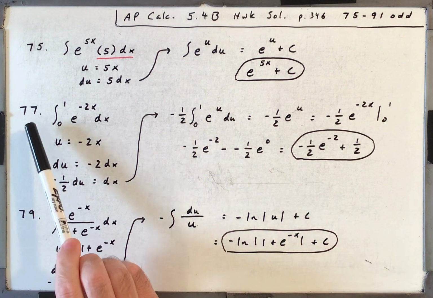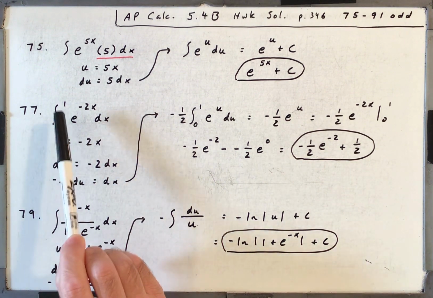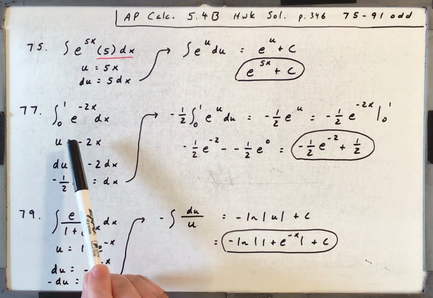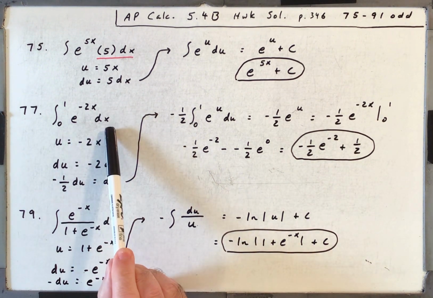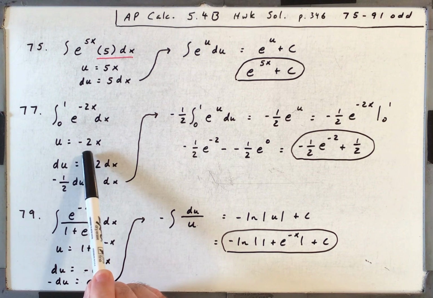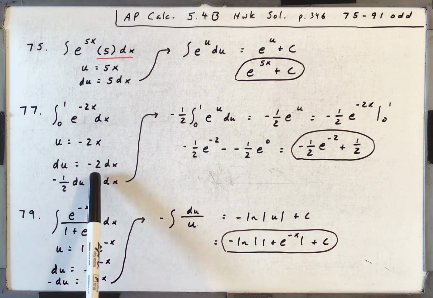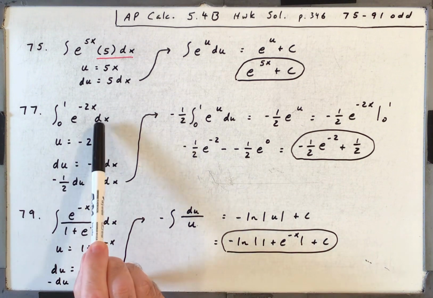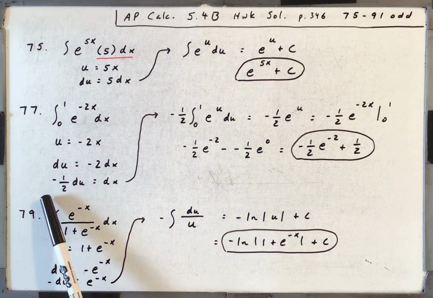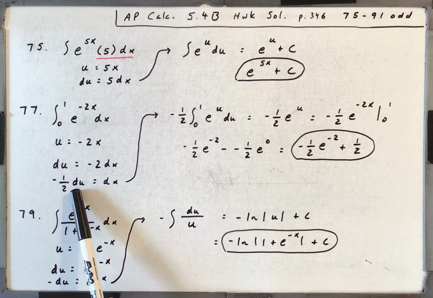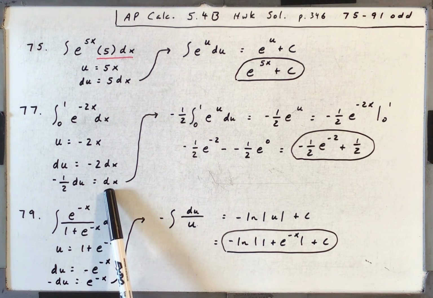All right, number 77 is a definite integral, so we have to plug these numbers in on the integrand. But that's e to the minus 2x dx. So if we let u be negative 2x, then du will be minus 2 dx. We want it to just be dx here. So if we divide both sides by negative 2, I'd have a negative 1/2 du is equal to dx.